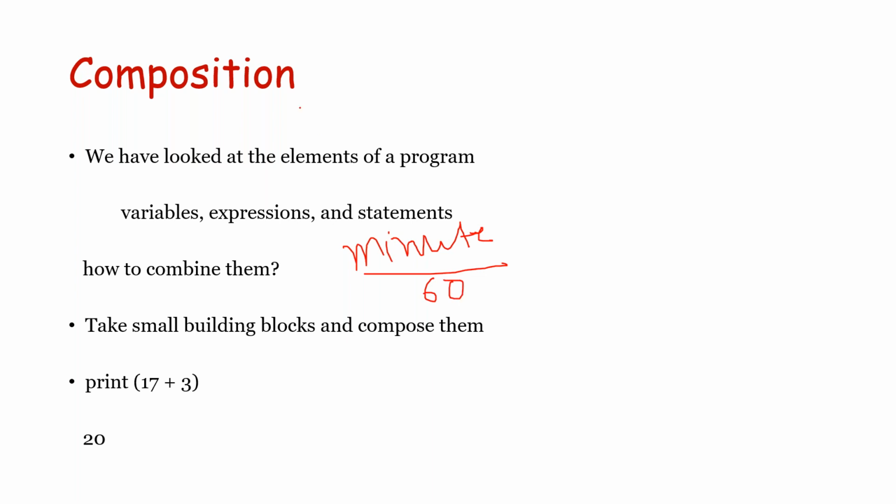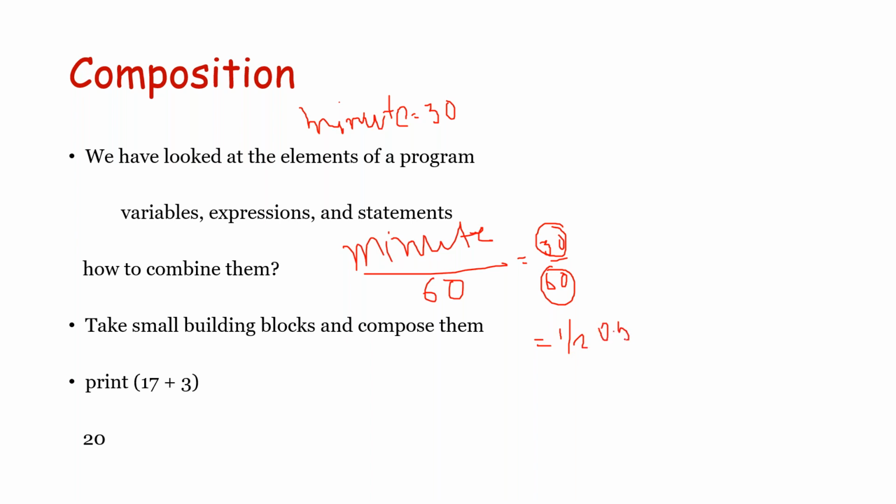So he's writing minute divided by 60. Suppose you have defined a variable minute, and it is 30. So you are actually asking Python to divide 30 by 60. Now you see these two are integers, so ideally your answer should be 1 by 2, that is 0.5.